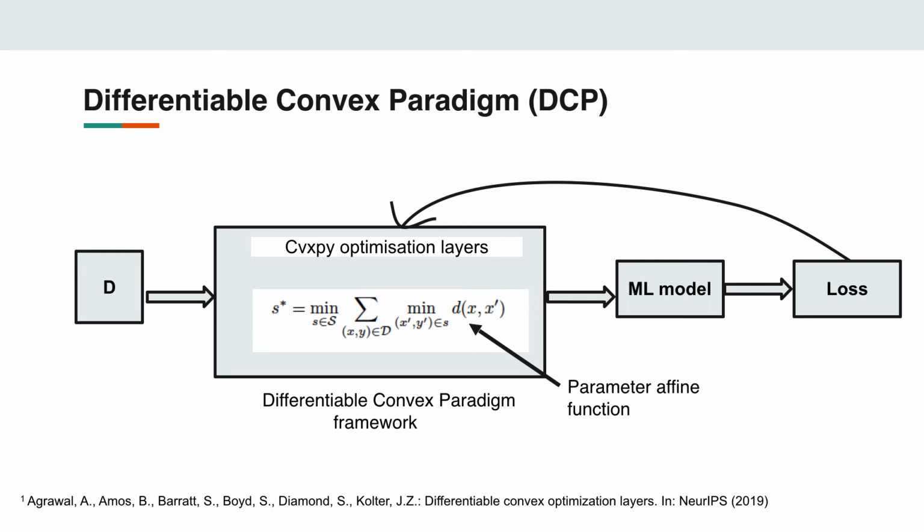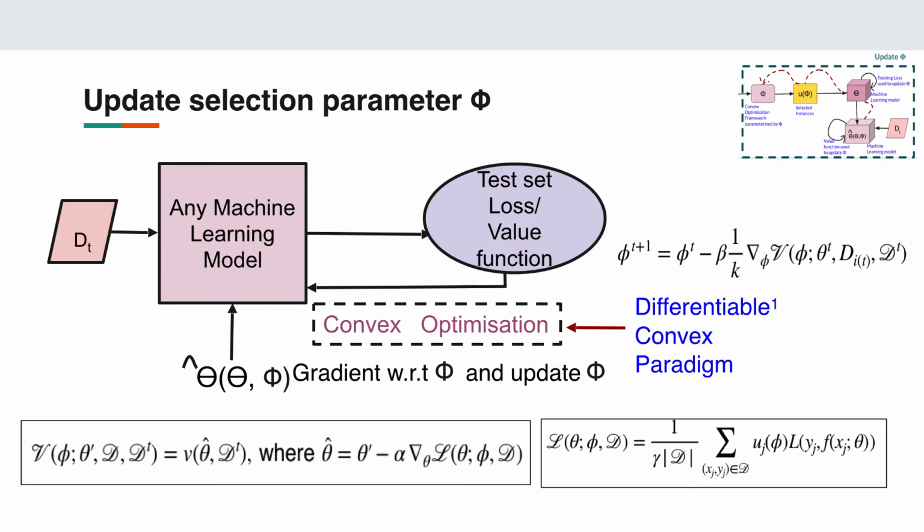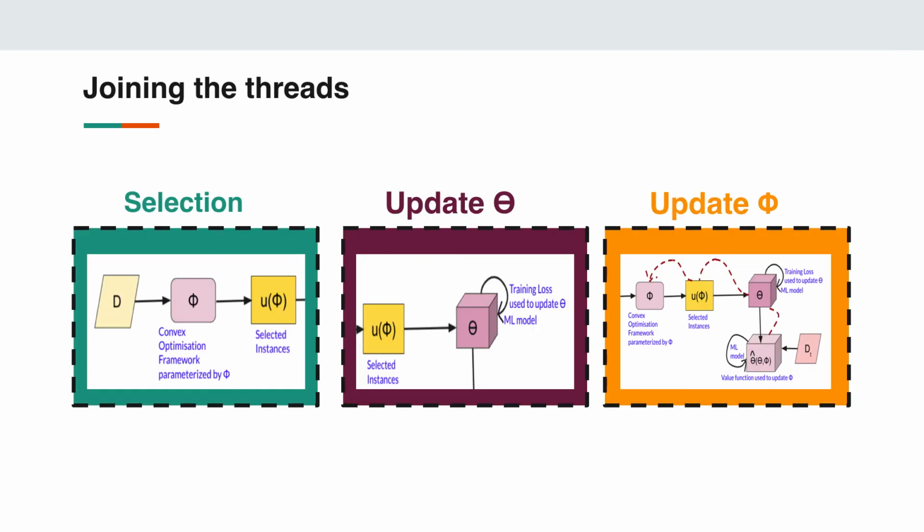It allows us to embed the solutions of the optimization framework as layers of a neural network and also calculate the gradients. So, we can thus differentiate the value function with respect to phi by traversing through these two formulations at the bottom of the slide. Thus, the solution framework can be visualized in these three blocks which perform sequentially, giving subsets that are optimal for the test set performance.